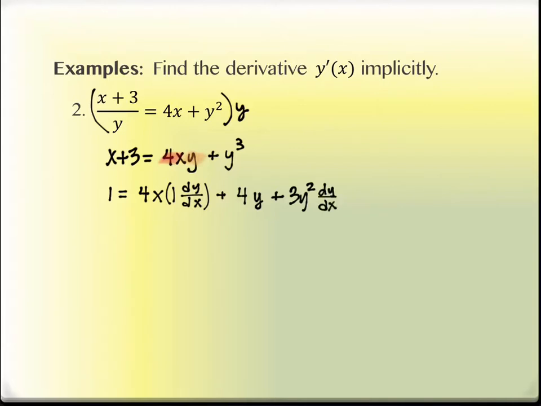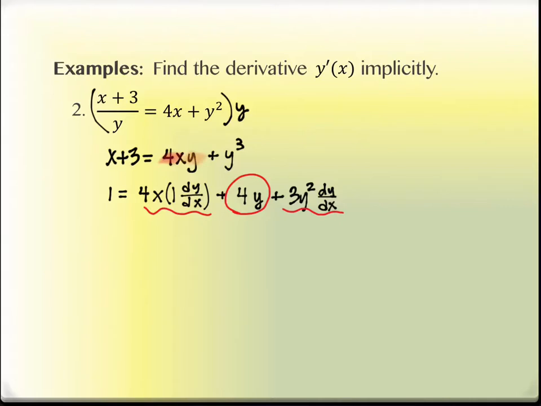Anytime I take the derivative of y where there's something done to it, whether it's a product or the chain or something, I have a dy dx that's going to come out. Now my goal is to solve for the dy dx, which means that these pieces with the dy dx need to be grouped together so I can factor dy dx out. This piece doesn't have a dy dx in it, so it's going to get booted to the other side with the 1.